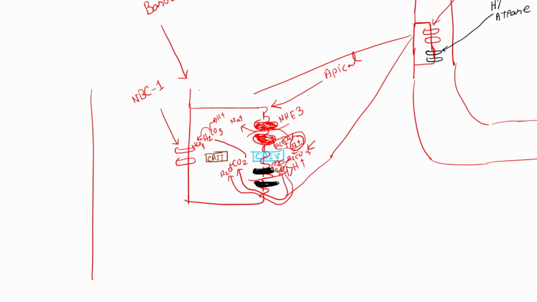Be careful with this proton that is generated now. This proton doesn't leave the cell toward the blood. The proton will get recycled right back to the apical membrane to go handle the next incoming bicarbonate ion, and it will use the same pump, NHE3, to get out.